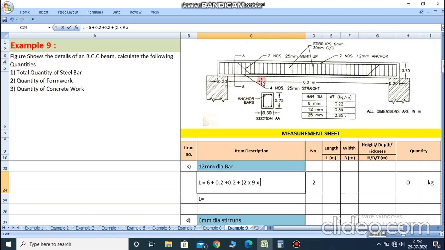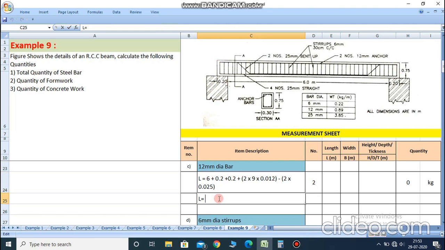The diameter of the bar here is given as 12 mm dia anchor bar. So 12 mm is converted to meter, 0.012 meter, minus the cover provided on both sides, 2.5 centimeter for left side and 2.5 centimeter for right side. So 2 times 0.025, the cover thickness, 2.5 centimeter converted to meter.